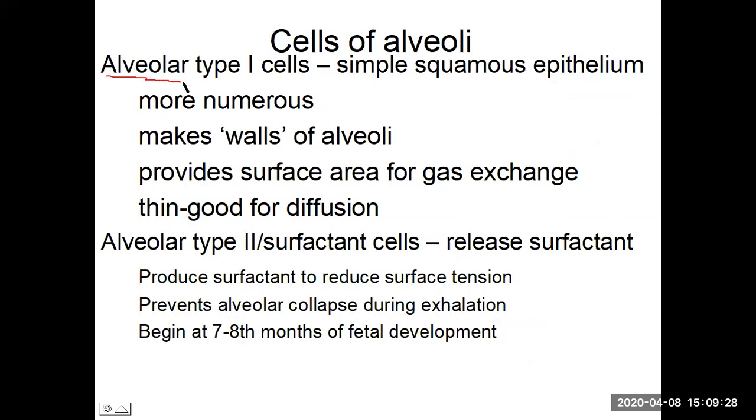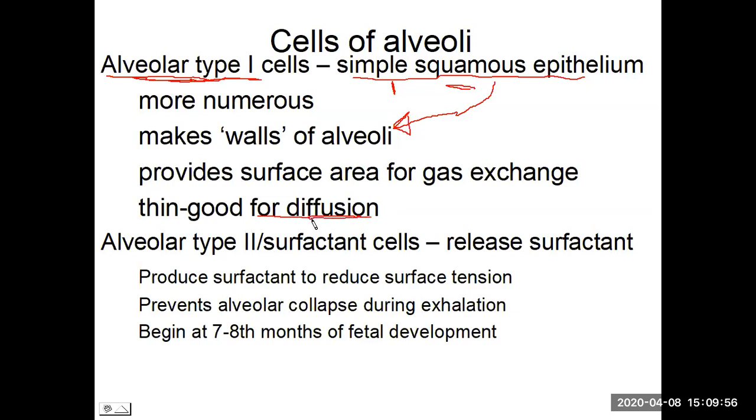So the type 1 cells, as they're known, are actually simple squamous epithelium. So one layer of flattened cells. And this is truly the structure that makes the alveoli, the air chambers themselves. So that single layer, simple squamous, the flat, thin cells, that's of course great for diffusion.